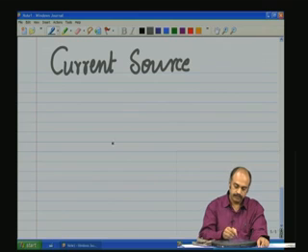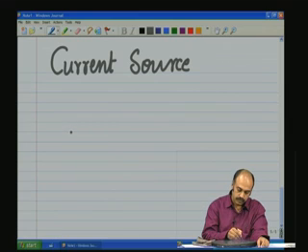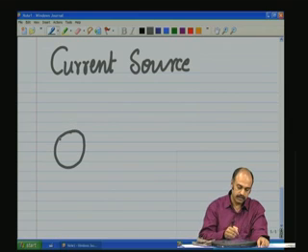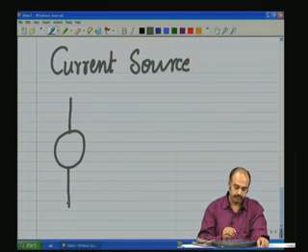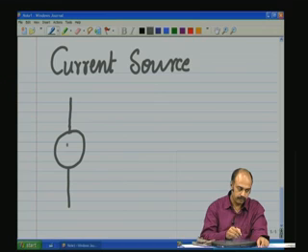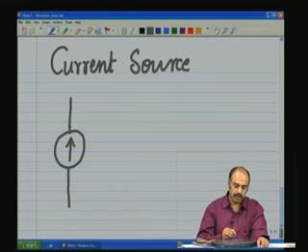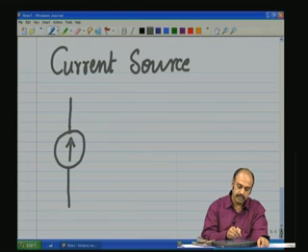Current sources are also represented in a similar manner. You have a circular block with two terminals, and there is an arrow within the circular block which indicates the direction of the flow of the current, and an I to indicate that it is a current source.